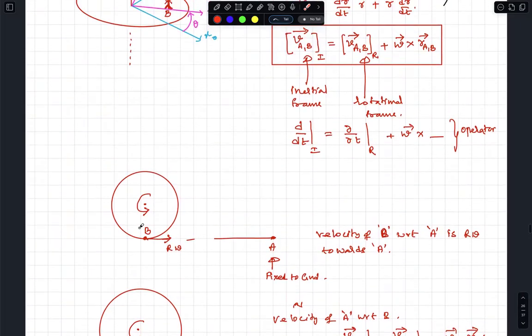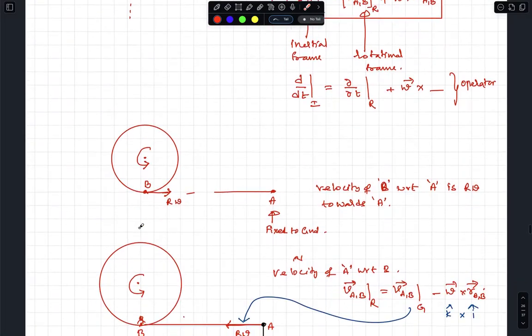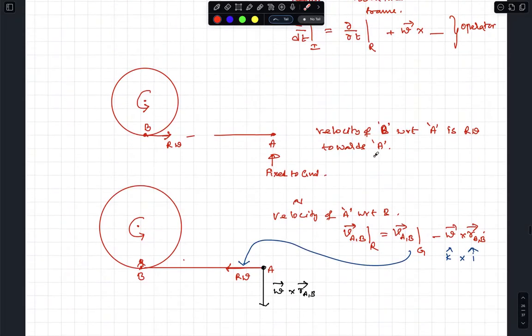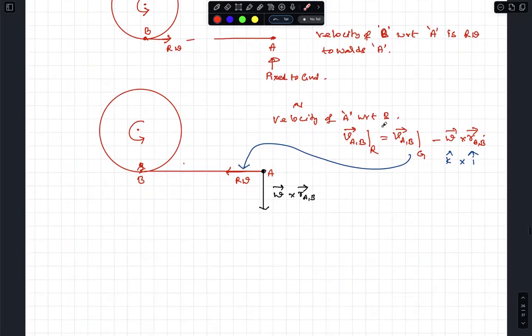Now, if I am B, then what is the picture? Go back. You have this relation, velocity of A with respect to B. It is defined as, because you are now in the rotating frame, the inertial frame term plus omega bar cross something. Now you want this. So therefore, this is equal to the ground or inertial frame minus this.